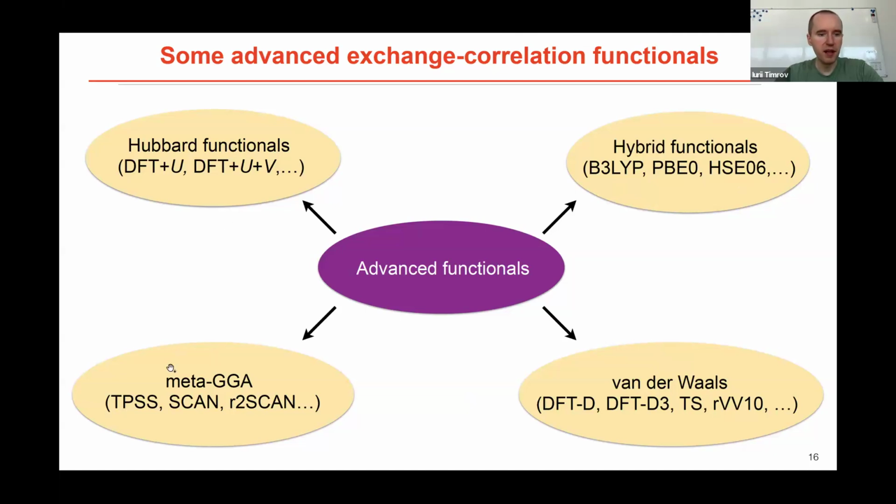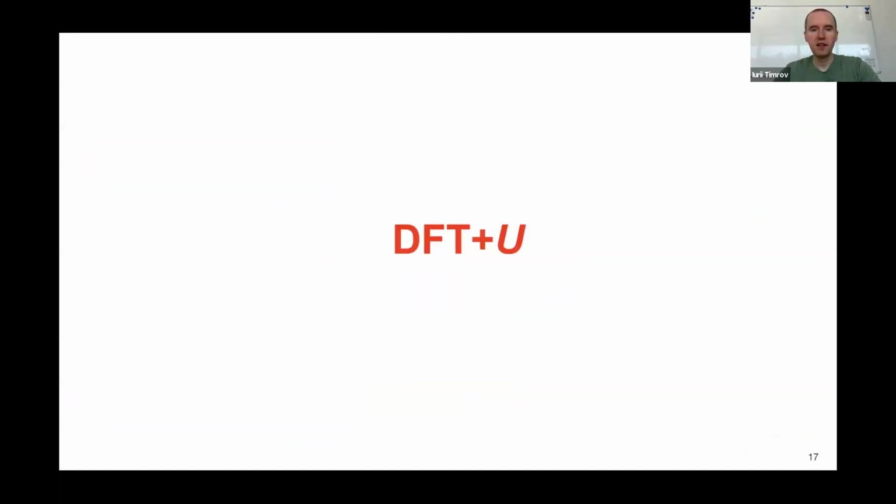Then the third family are meta-GGA functionals, such as TPSS, SCAN, and r2SCAN, and the fourth are van der Waals functionals, such as DFT-D, DFT-D3, TS, and rVV10. Starting from the next slide, I will discuss DFT+U in depth.